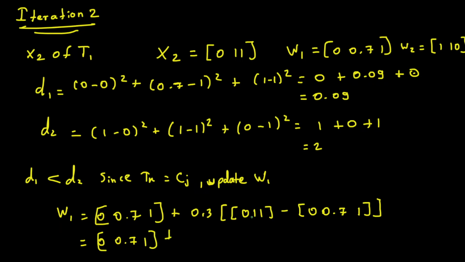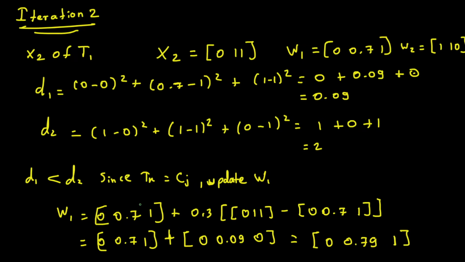And then here 0 minus 0, 0, 1 minus 0.7, that is 0.3, and then 1 minus 1, that is 0. So only the 0.3 in the middle remains, and that one multiplied by 0.3 here, that's going to be 0.09. So we are going to have 0, 0.09, and then 0 again. Okay, and if you add this, you're going to have 0, 0.79, and then 1. And this is the updated W.